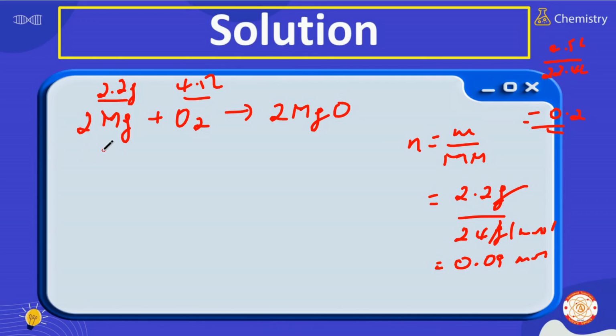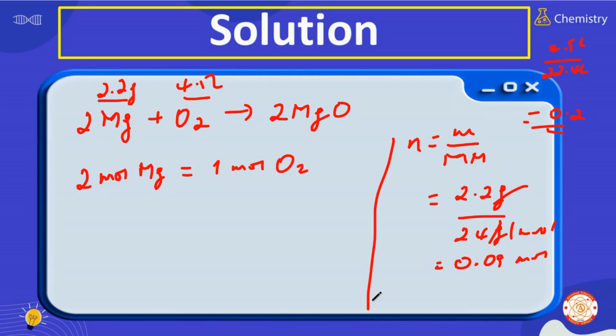So the balanced chemical equation tells us what? Tells us that for every 2 moles of magnesium, how many moles of oxygen do we need? 1 mole of oxygen, right? So take either the value that corresponds to magnesium or oxygen. It doesn't matter. Just take one of them.